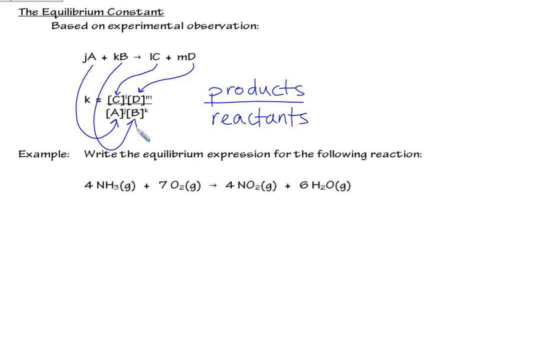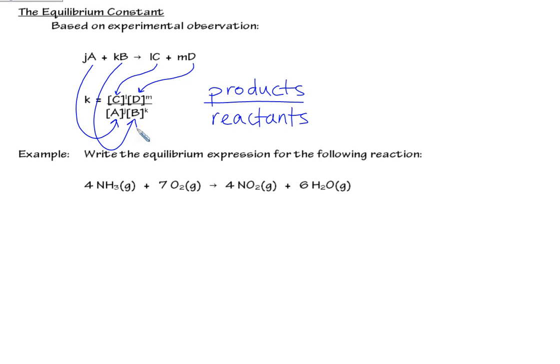Take the concentration of your products, raise them to the power of the ratio in the balanced equation, the coefficients. Products over the reactants. I do the same thing with the reactants. The concentrations raised to the power of the coefficient in the balanced equation. Everybody crushes chapter 12 at the time. Everybody crushes chapter 13 at the time. Here's where it falls apart.